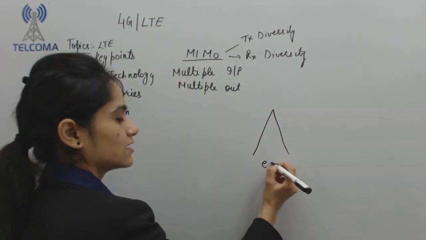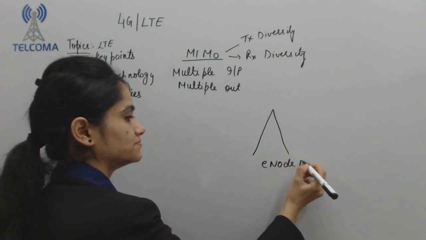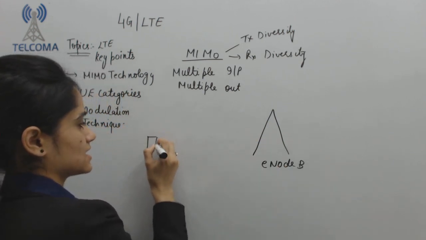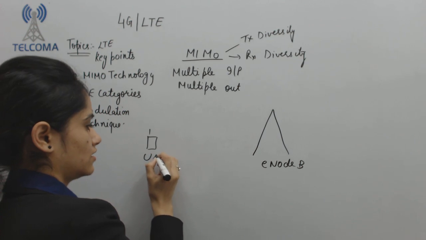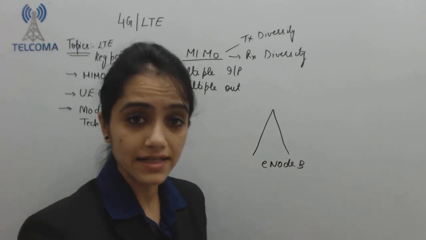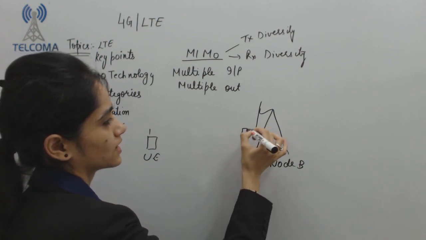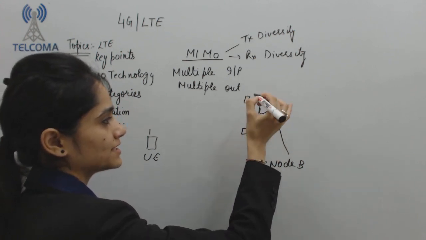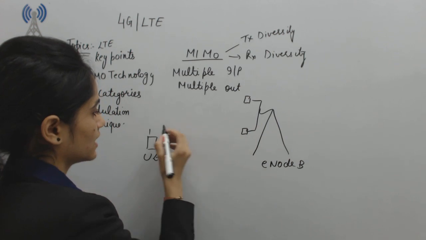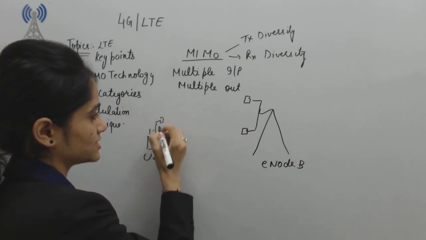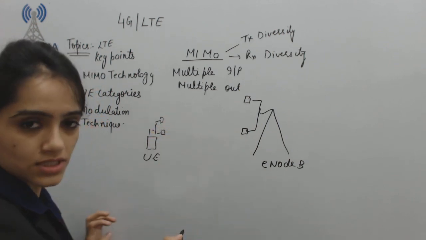So if this is E node B and this is UE, user equipment, I can add multiple antennas at the network and we will add multiple transmitter receivers at the user end.